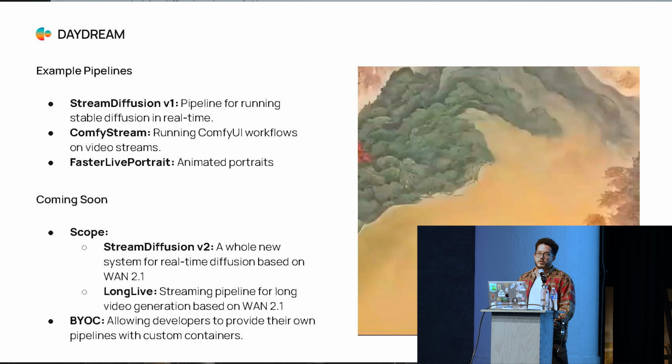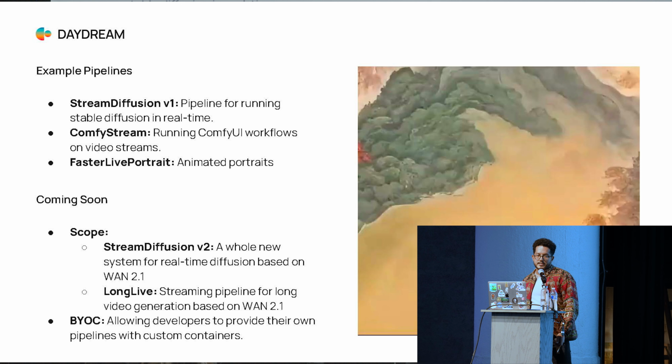And soon, we're also going to be integrating with Scope, which is the research tool for running these pipelines easily. And this will bring easily Stream Diffusion V2, which was recently released, and also LongLive support on the API. But the idea is that any pipeline that is integrated in Scope could be easily made to run on the cloud infrastructure simply by us upgrading the Scope version.